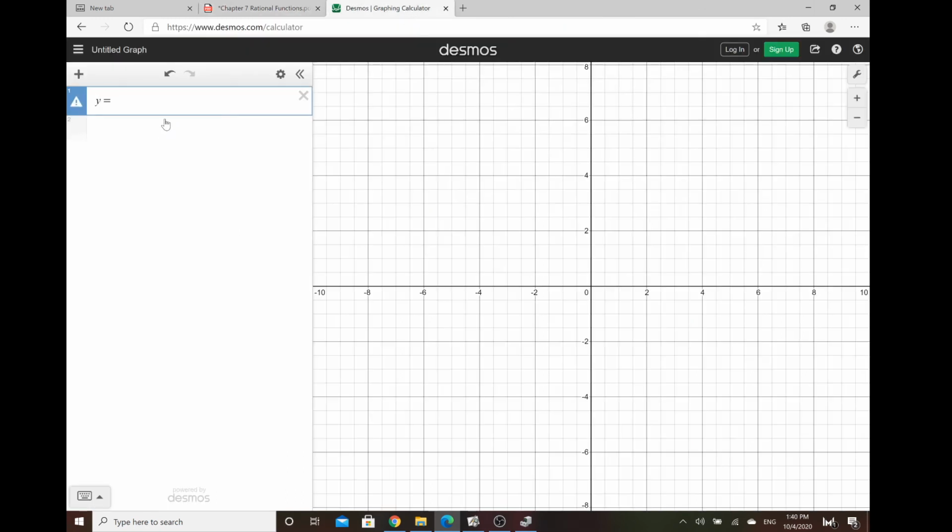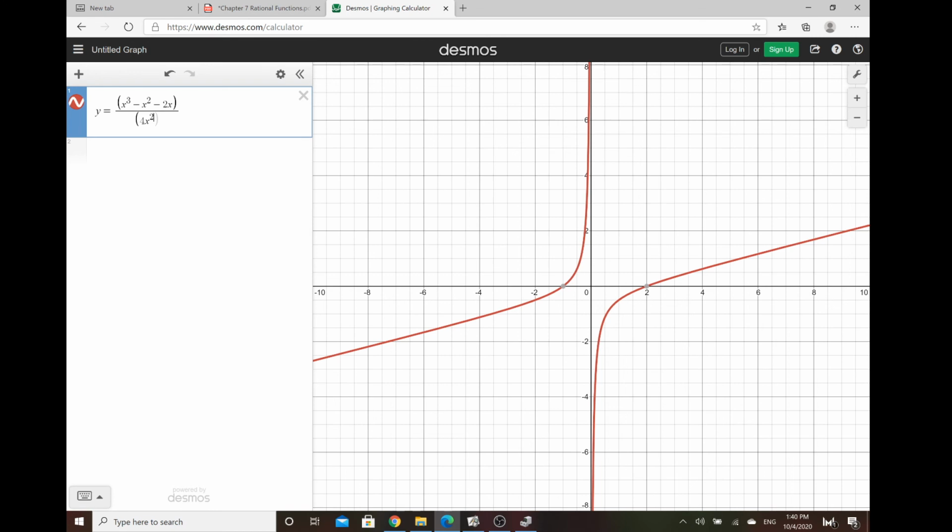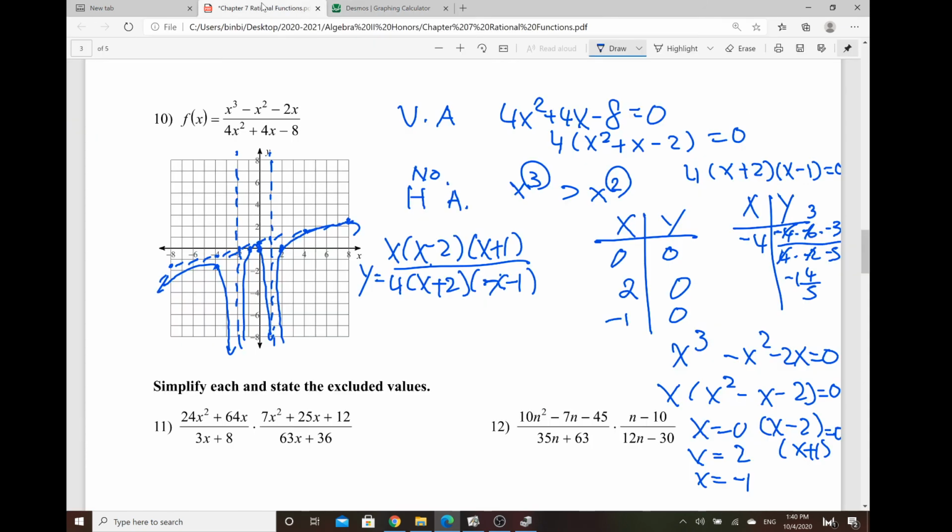So y equals quantity x cubed minus x squared minus 2x divided by 4x squared plus 4x minus 8.